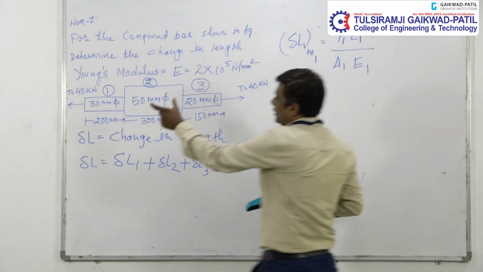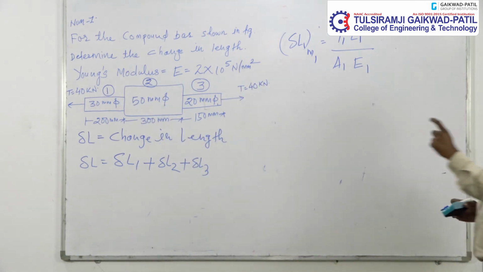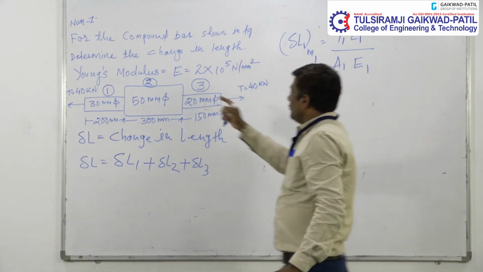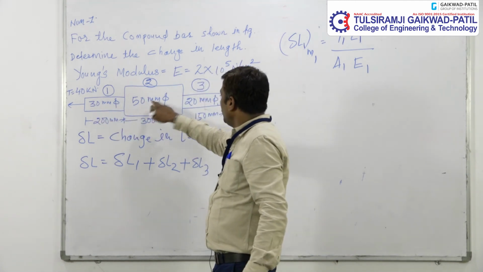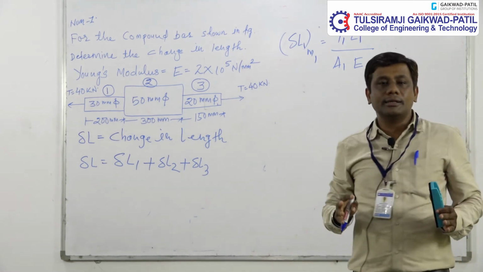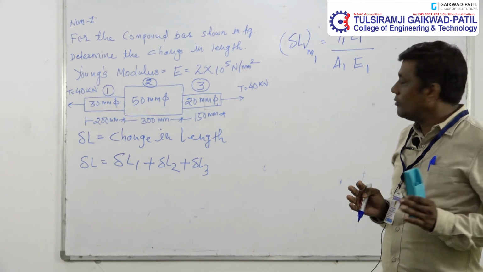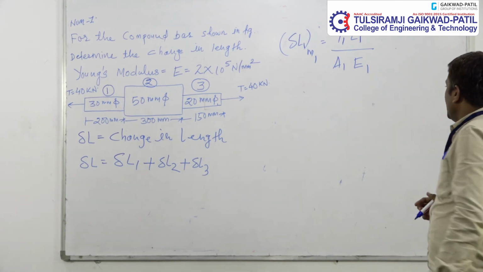In the numerical, we have been given the constant value E, 2 into 10 raised to 5 Newton per mm square. So the value of E will be the same for material number 1, material number 2, material number 3. Here the same type of material is given and the same value of Young's modulus is given, so we will use that value to calculate the change in length.